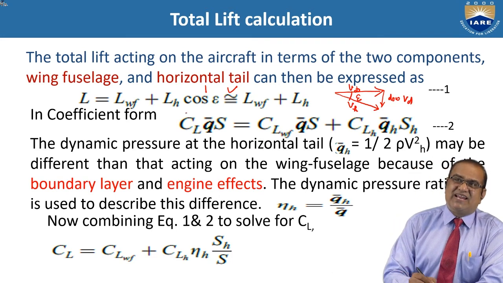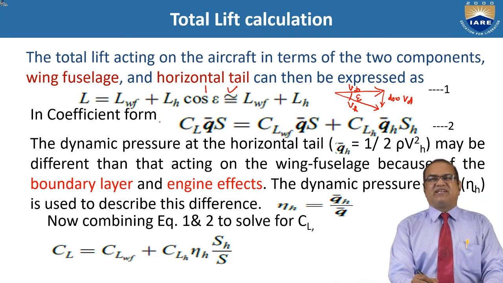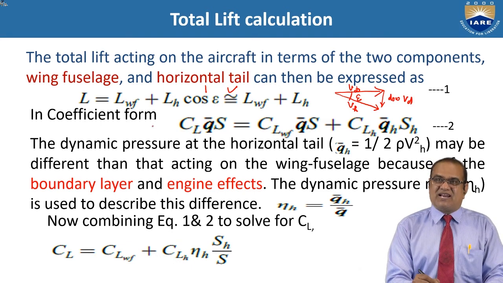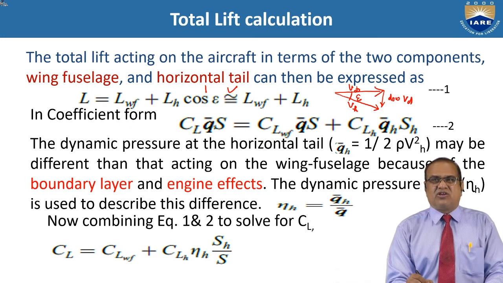This L we can write in coefficient form, because we have to write all the parameters in coefficient or non-dimensionalized form. So here L is equal to CL QS, where Q is the dynamic pressure, half rho V square.